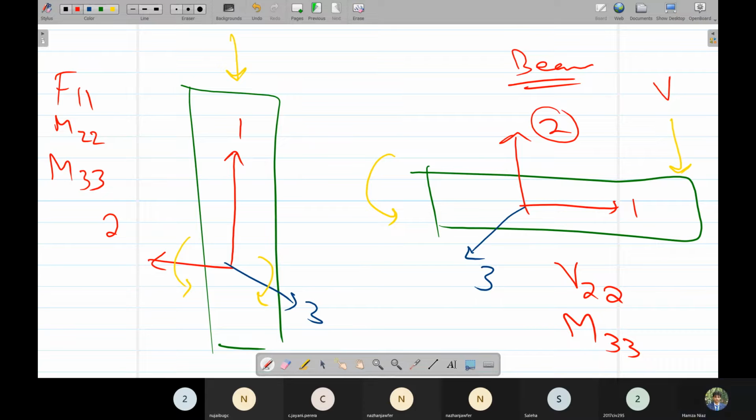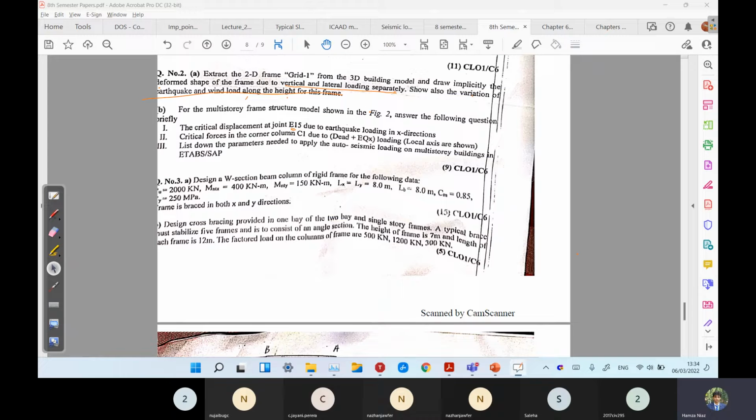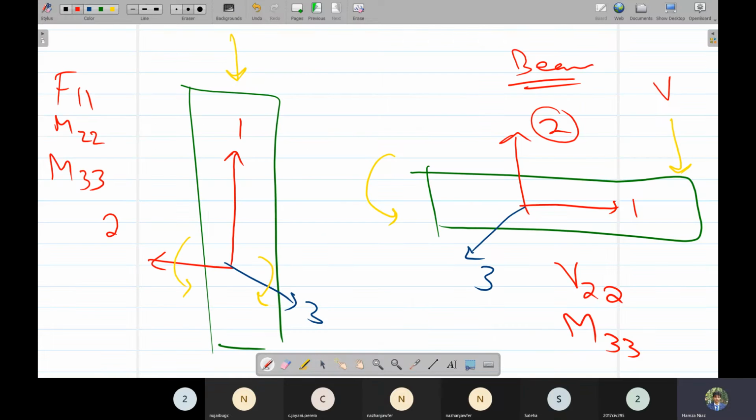So these are the critical forces for beam and column. These are for gravity loading. In the case of earthquake, they would be a little bit different.